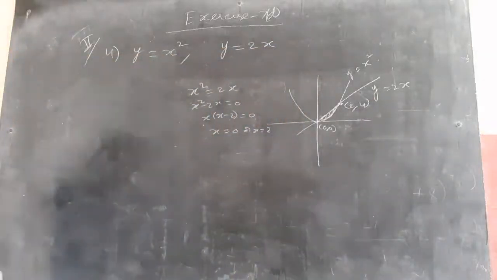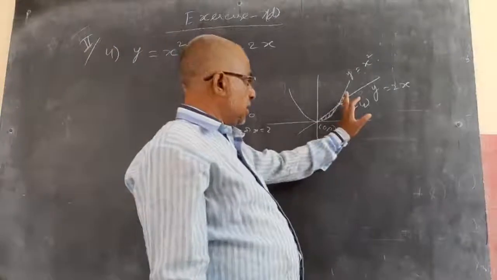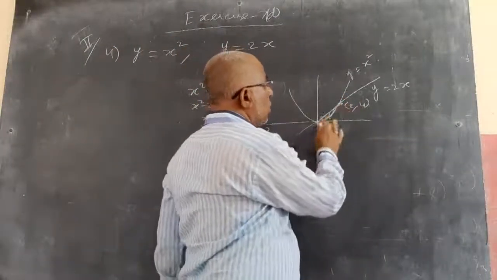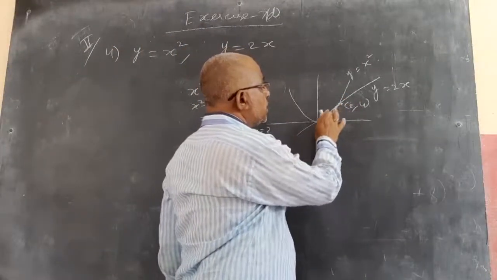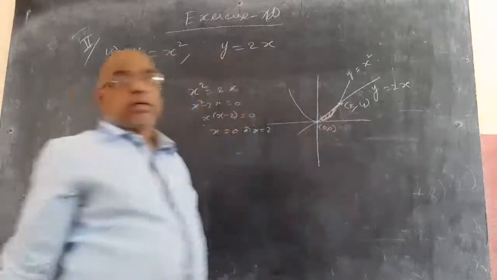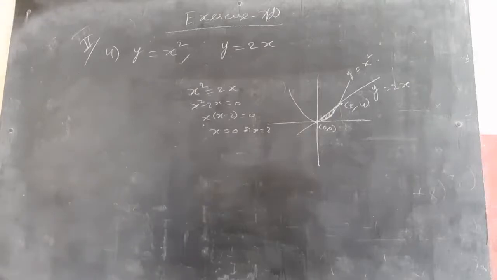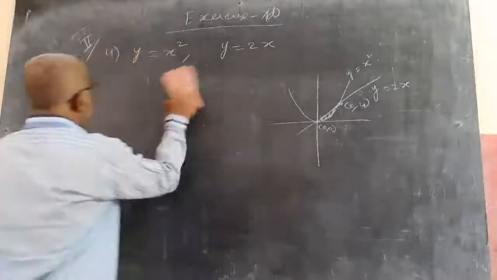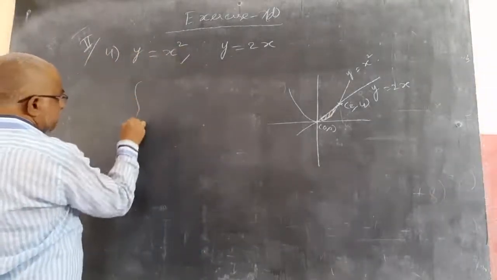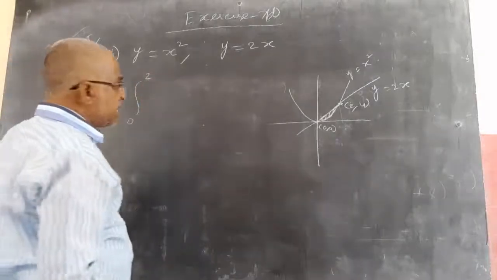So now you will take x limits, upper curve minus lower curve gives me this inner area. So integral, I will take the limits as 0 to 2, f(x) minus g(x).